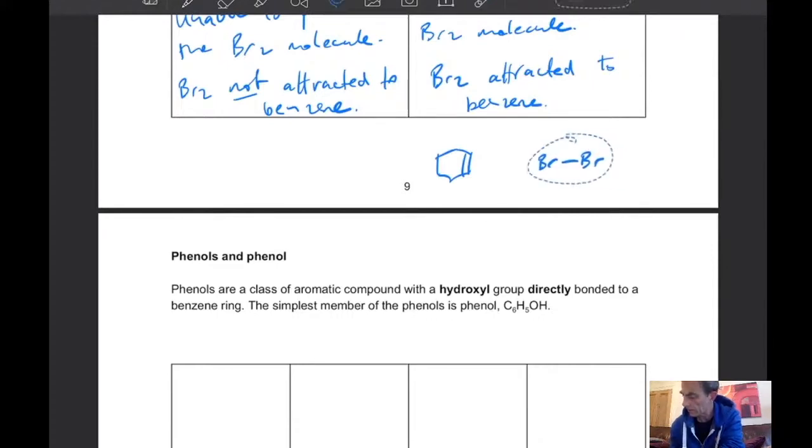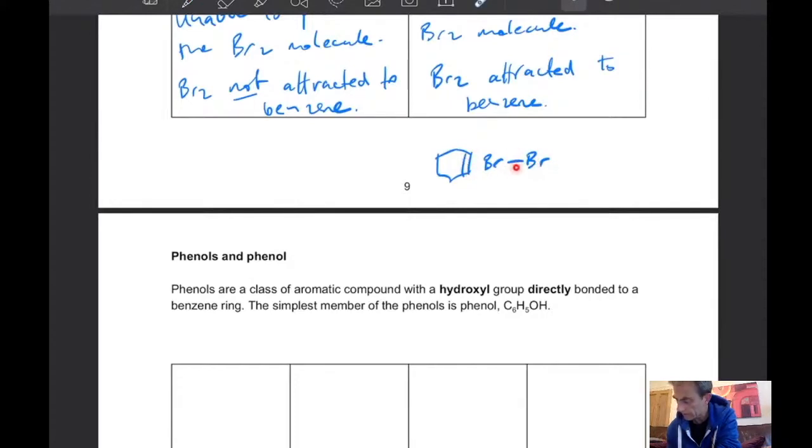Move it closer to the double bond, and what will happen is the electron density here will repel the electron pair in that bond closer to this bromine here because they're negatively charged.